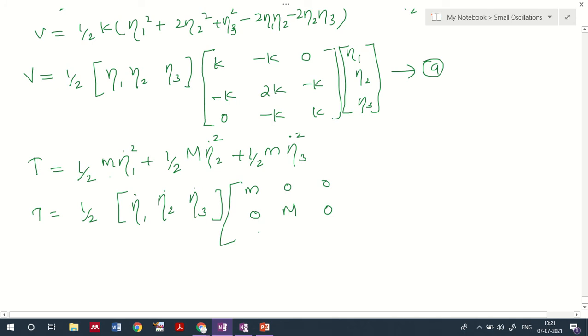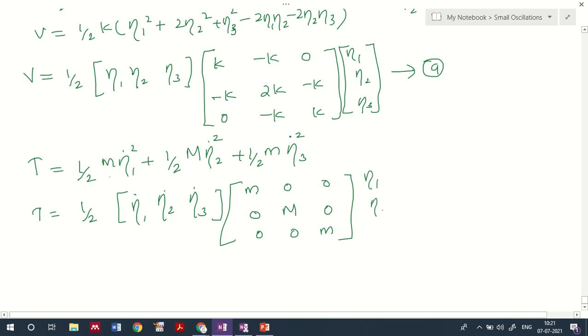So the off diagonal elements will be 0 in this case. There will be only diagonal elements because we have eta 1 square, eta 2 square, eta 3 square. Only these terms are available for this case, so there will be no off diagonal elements.